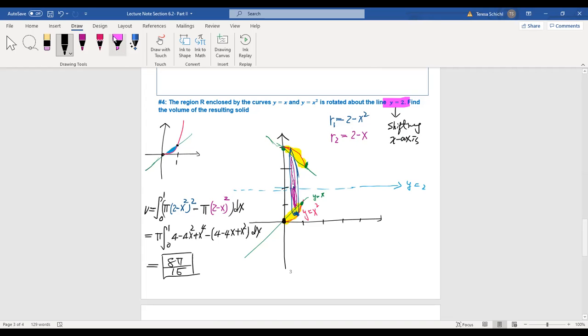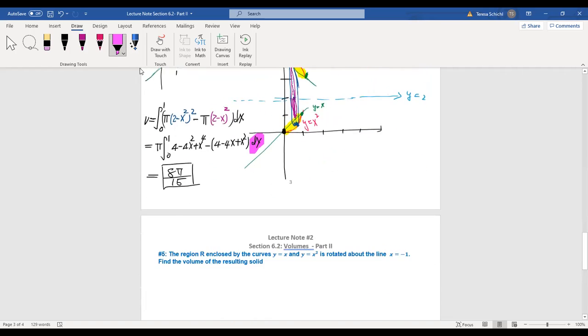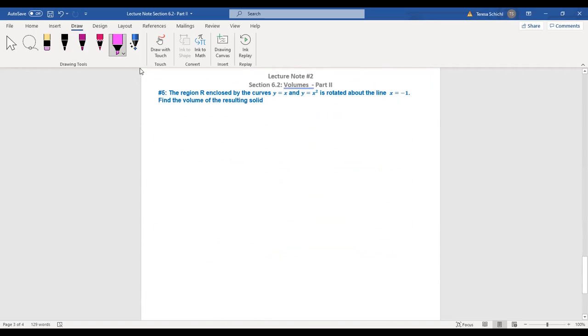By x, right? That's why it's dx, because y equal to 2 is shifting around the x-axis. It's very similar: you still integrate with respect to the variable x here.